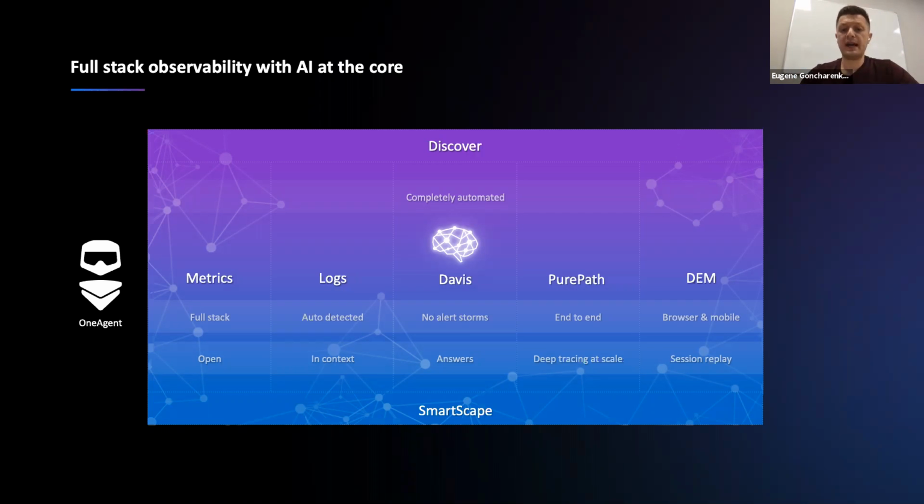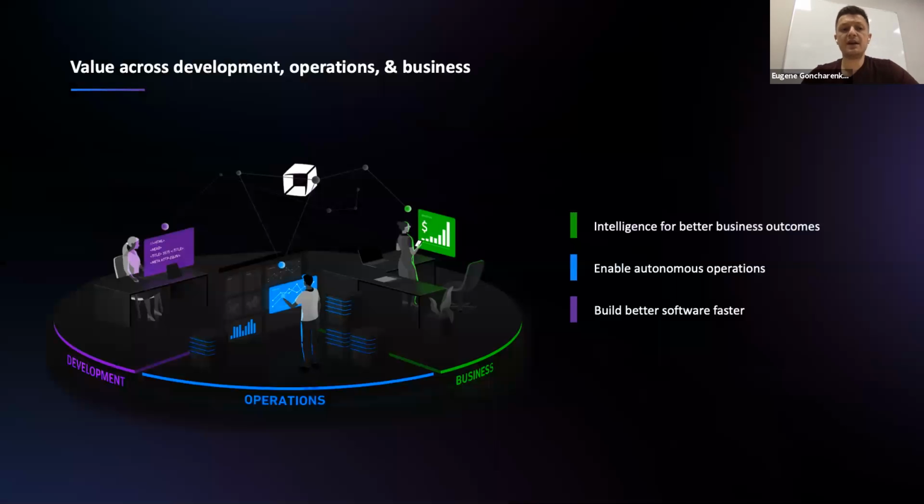And Davis is analyzing that automatically for you, giving the answers, not just the data, to your teams. The teams which usually use Dynatrace may be completely different. Usually we land at IT operations, helping them decrease mean time to react and mean time to repair on incidents, providing them automatic root cause.